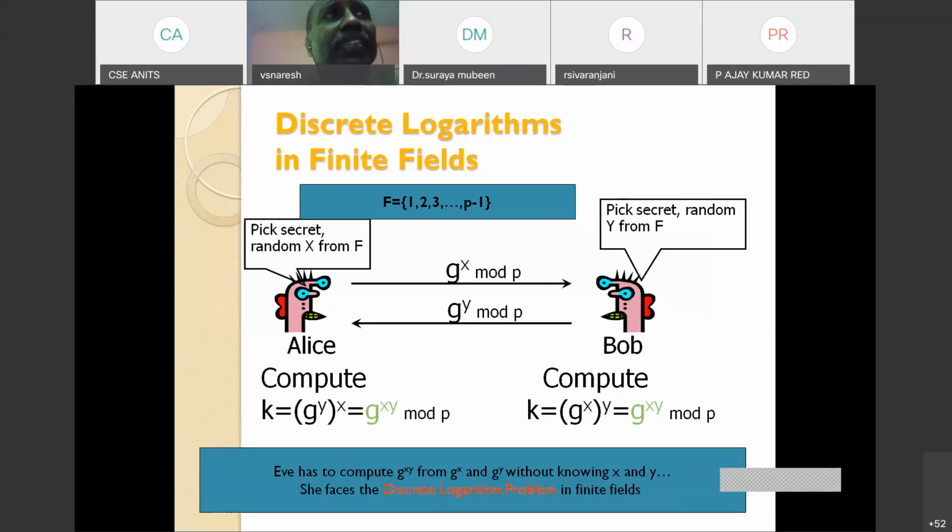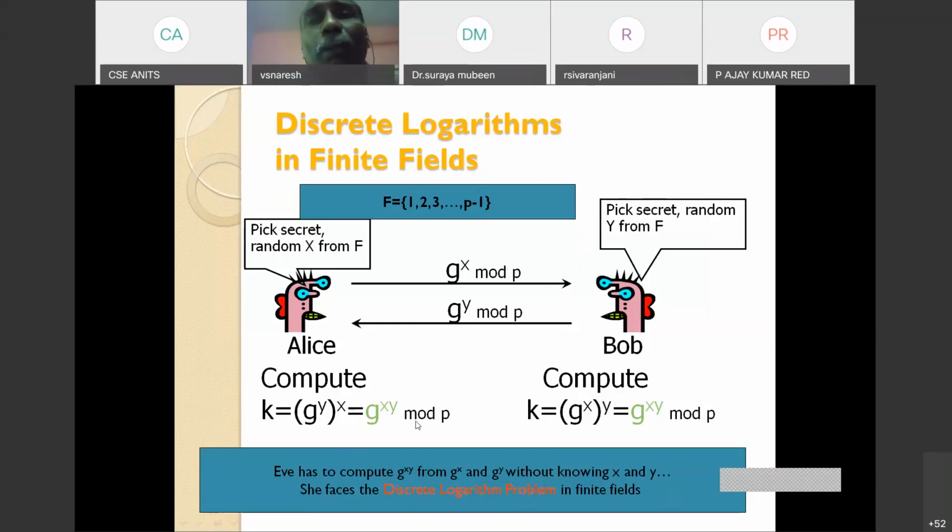After getting g power y, x is known to whom? Only Alice. So g power y whole power x will be computed by Alice. What will she get? g power xy mod p, because g power yx is the same as g power xy.